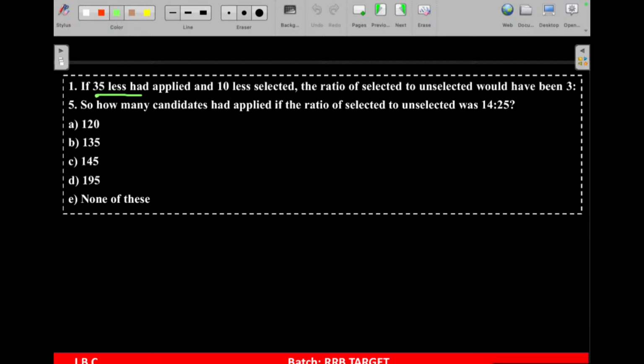If 35 less had applied and 10 less selected, then the ratio of selected and unselected would have been 3:5. So how many candidates had applied if the ratio of selected to unselected was 14:25?